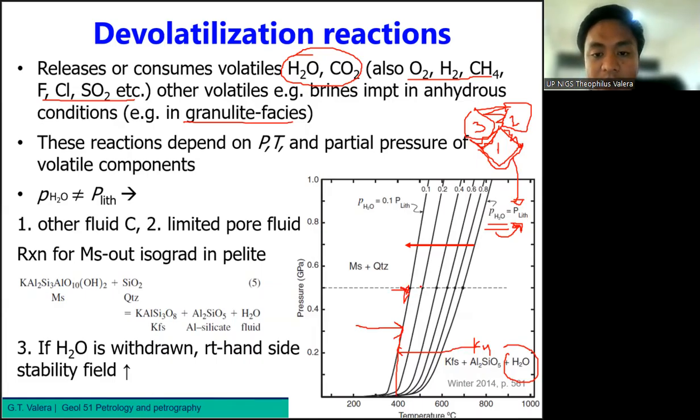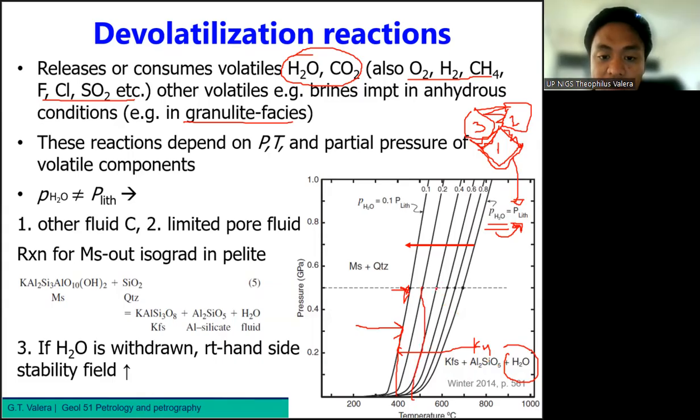If for example, yung amount ng water natin is 1/5 lang compared dun sa available space, kanina 1/10 kasi 0.1, ito 2/10, so 1/5, 1/5 of the space is filled with water. If that is the case, then yung reaction, muscovite plus quartz equals alkali feldspar, aluminum silicate, water, will happen at much higher temperatures, around 400 or 500 degrees Celsius.